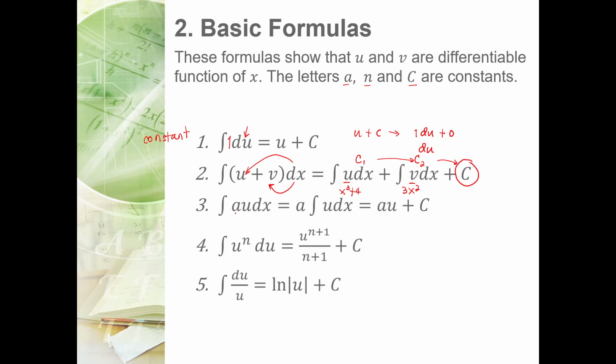What we did here is take the constant outside and deal with it later. So you factor out the constant and then work with the integral of u with respect to x. The resulting answer is, of course, before we came up with au plus c, so it comes out like that. For example, u plus c.